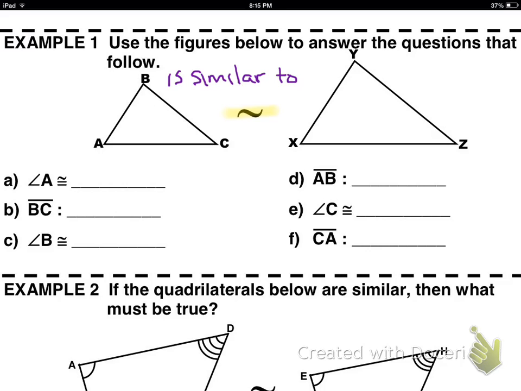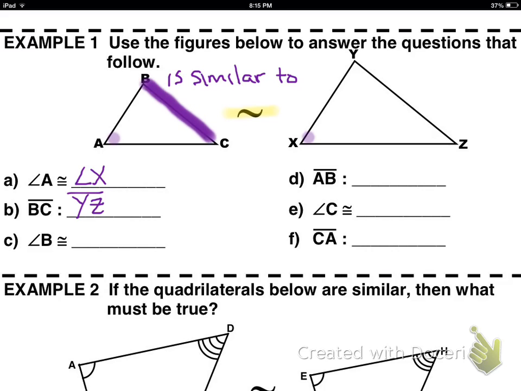And because they are similar, then we can say some things are true about the angles and the sides. Number one, we could say that angle A is congruent to angle X because they are corresponding angles. They're congruent because they're corresponding. We can also say about side or segment BC that it corresponds to segment YZ, and therefore we can write them as a ratio.